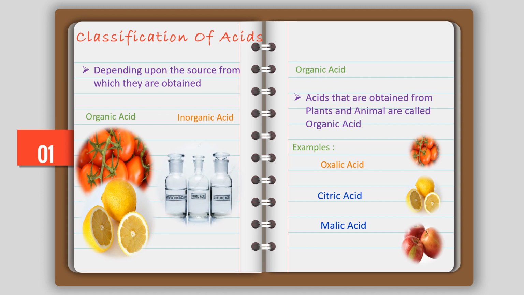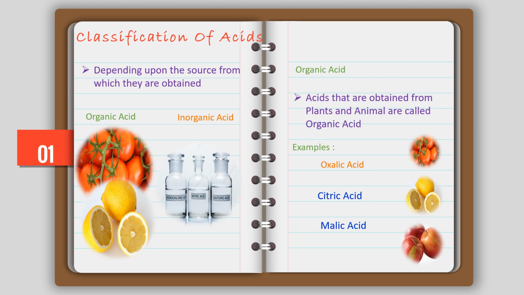Classification depends on how they are obtained. It is classified into two types, organic acids and inorganic acids. Organic acids are present in organic matter such as plants and animals. Inorganic acids are present in minerals.